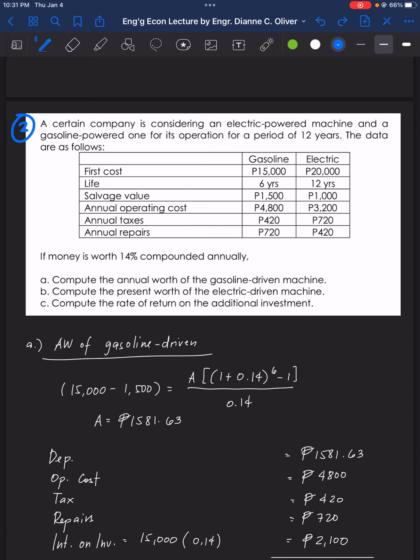So the operation cost, taxes and repairs are all annual. So let's add all of this.